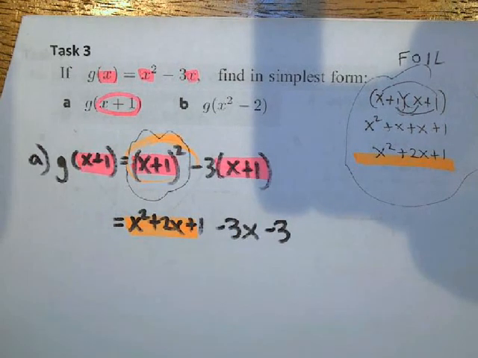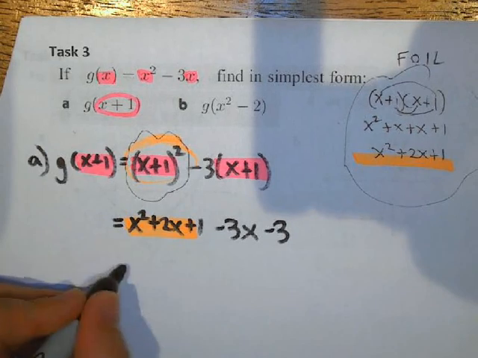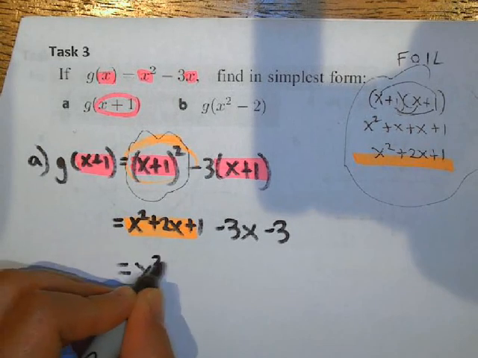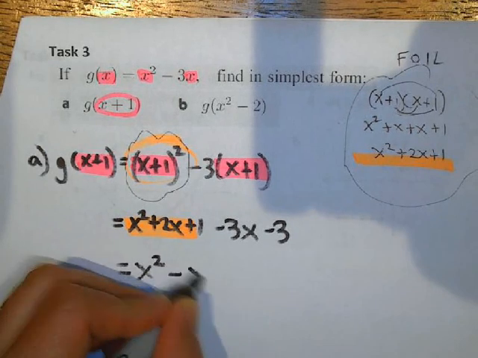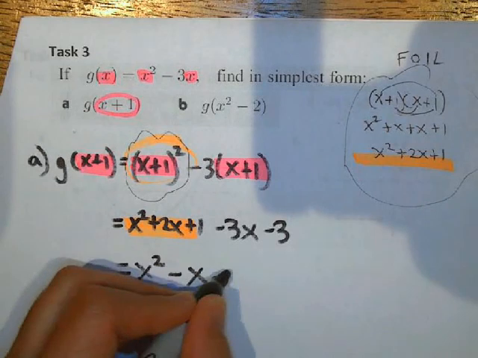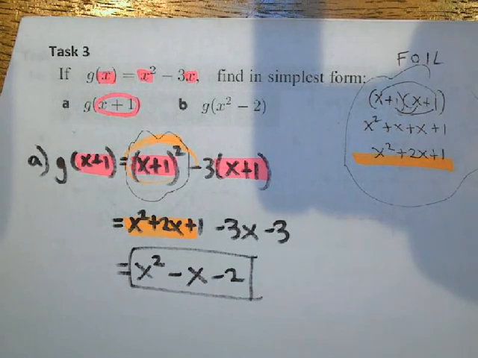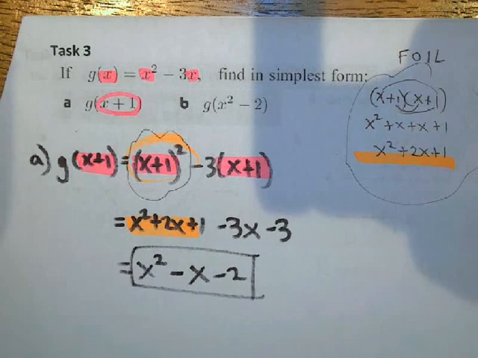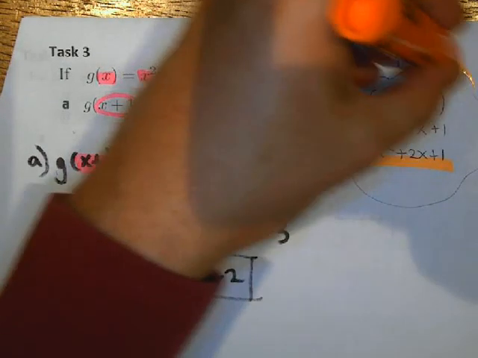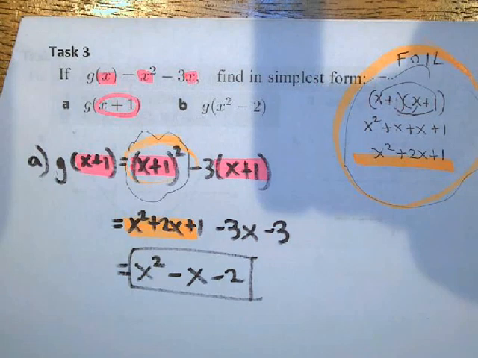Okay, and then I can combine the like terms, and I end up with x squared minus x minus 2. Okay, so the orange FOILing part is where people were making mistakes today during the whiteboard activity.